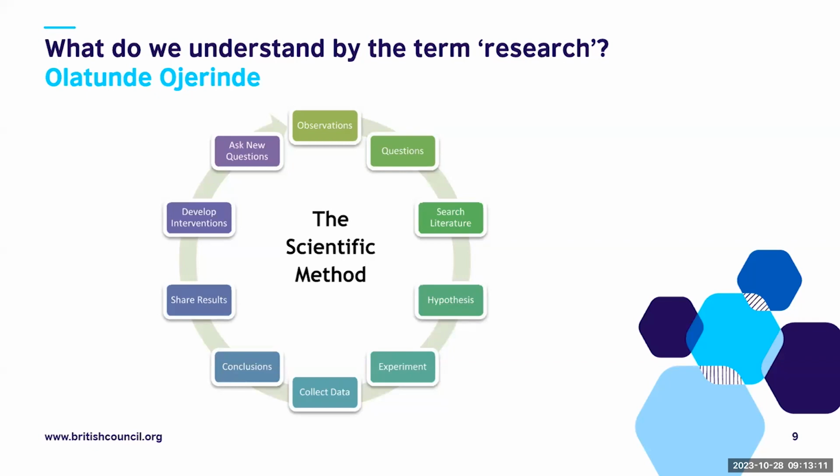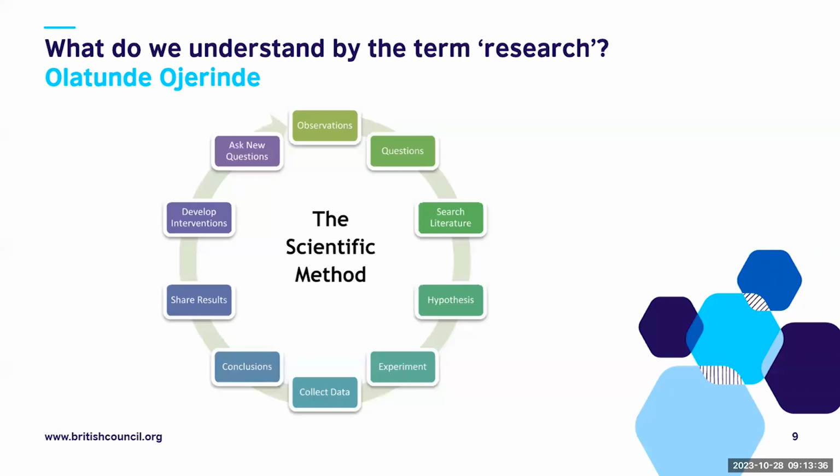Now, the idea of scientific research brings to mind several things that are components of the entire system or the entire process. So basically, you look around you every day, you find something that is unusual, that is a kind of observation. Then when you observe, definitely you ask questions.